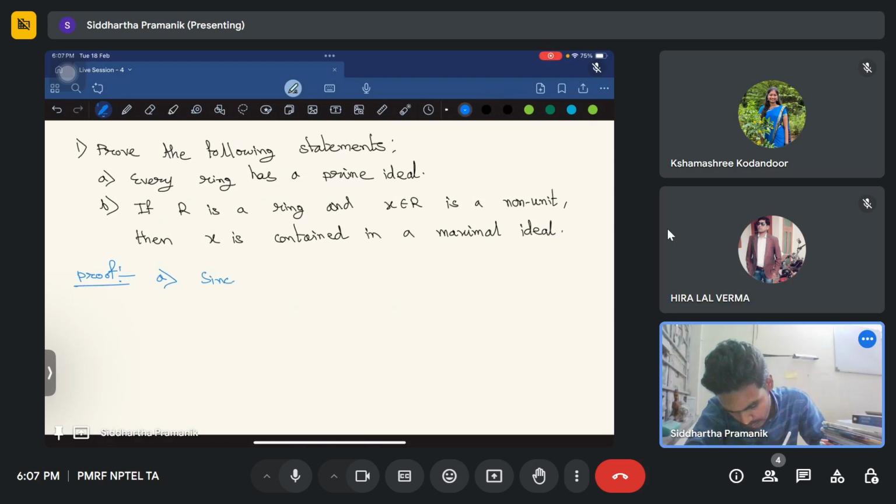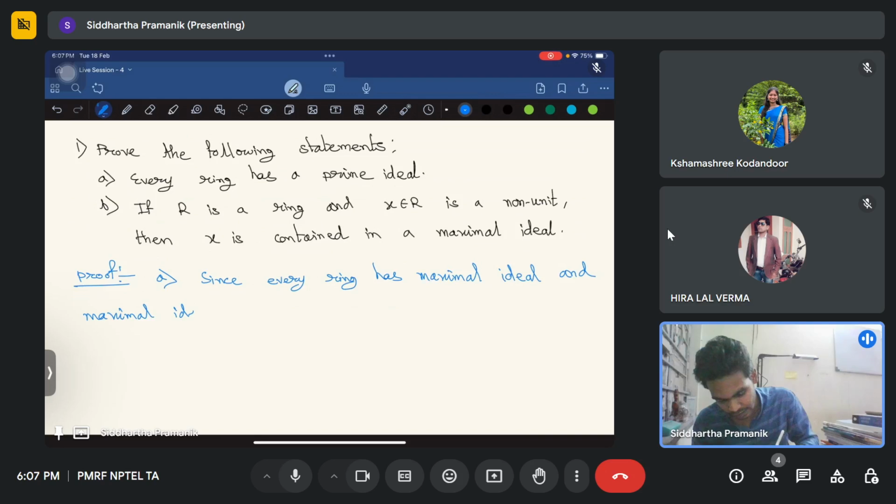Since every ring has a maximal ideal and maximal ideals are prime ideals, we have nothing to prove in this case. The result follows immediately.